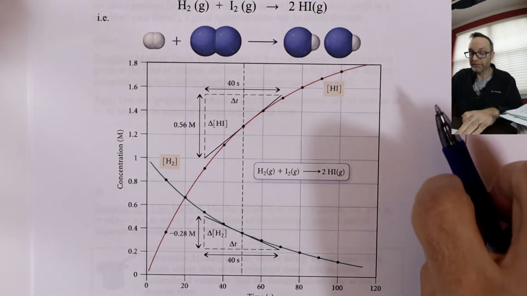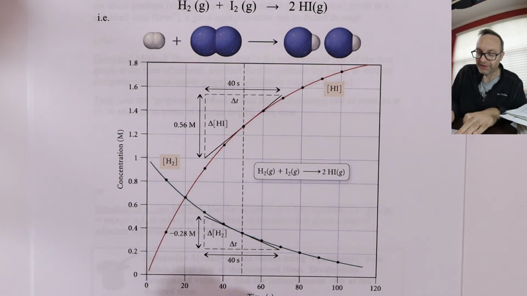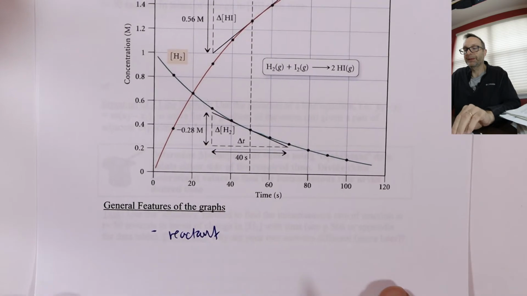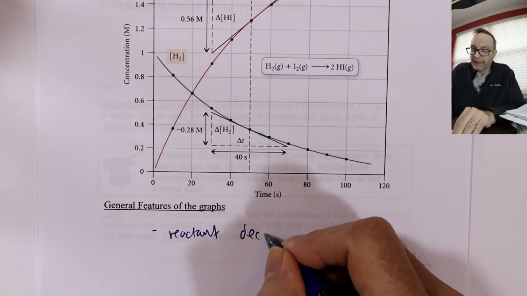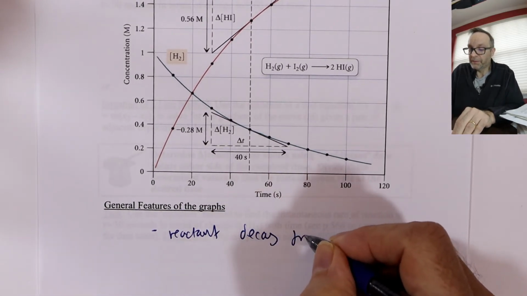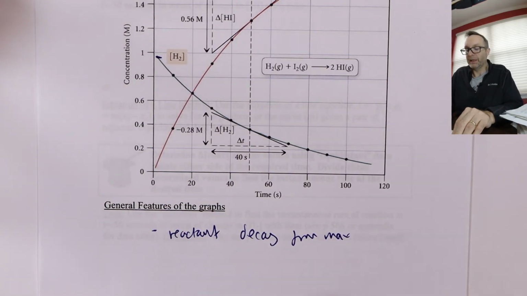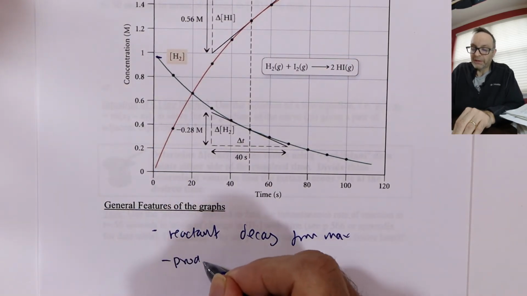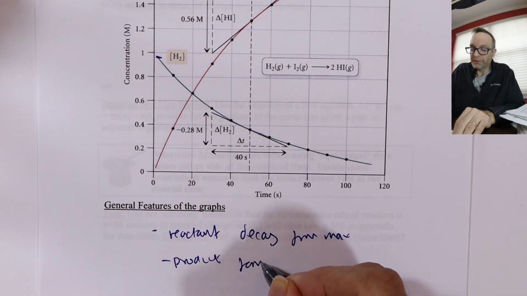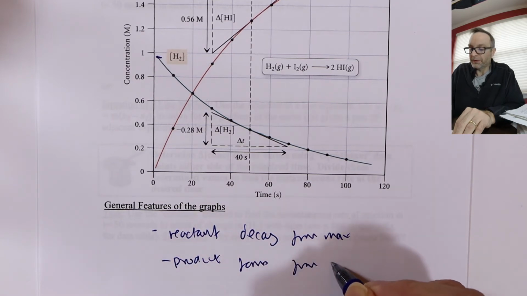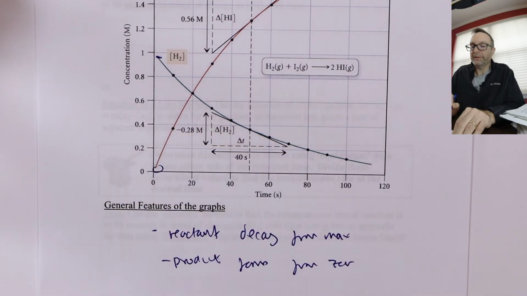So features of the graph, write it down here. Reactant: decay from max, and that would be here, right? Okay. Product: forms from 0, and that's from there.